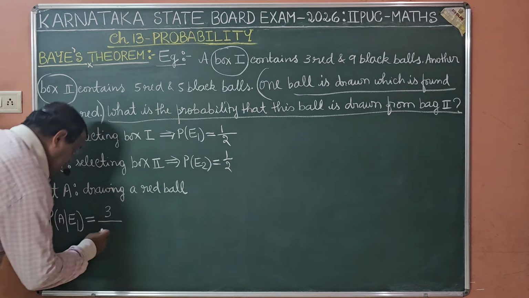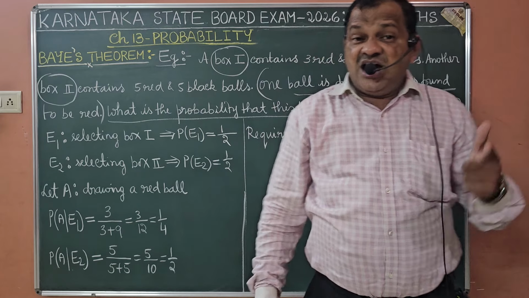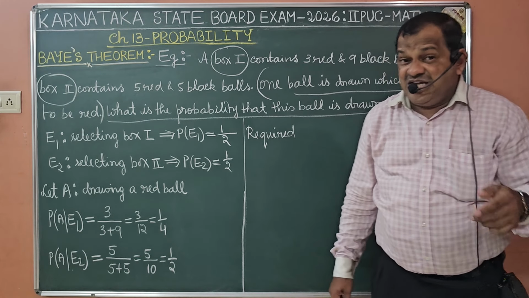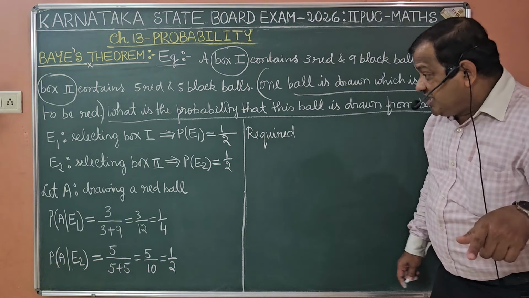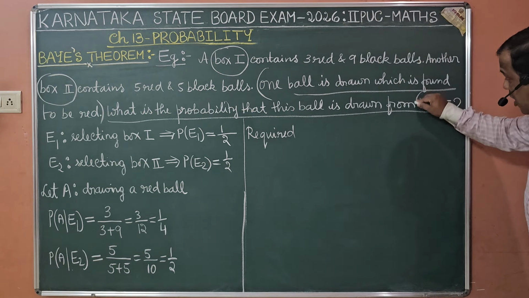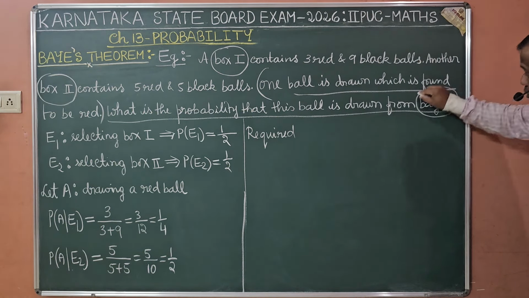Now I will continue over here. What is required for us? We require the reverse probability. I repeat once again, what is required is the reverse probability of selecting the ball from bag 2, given that the ball is red in color.